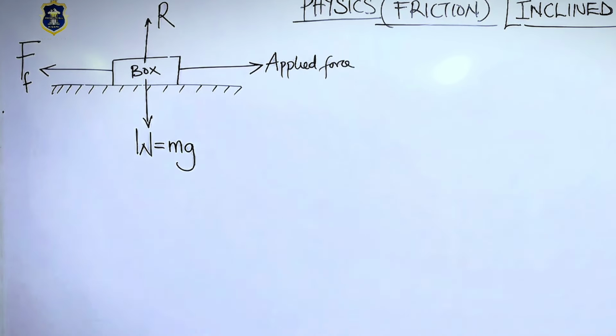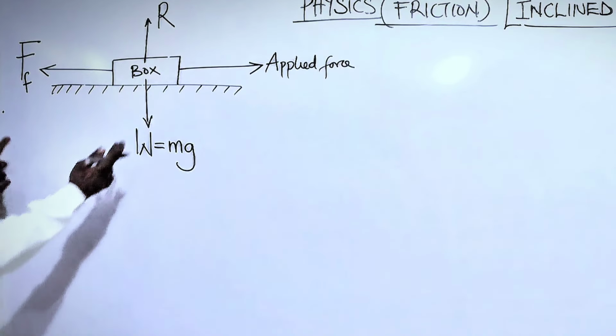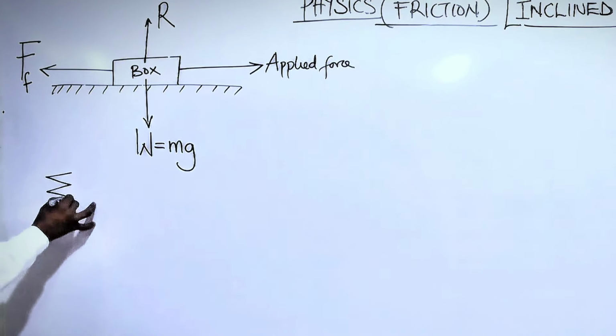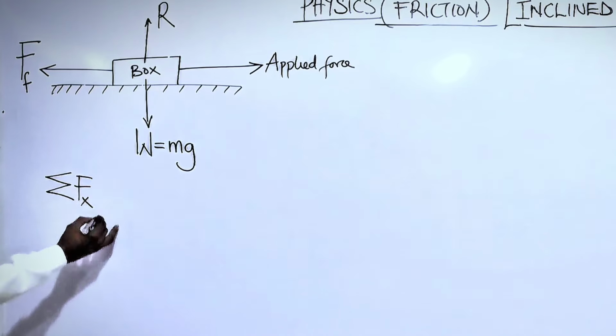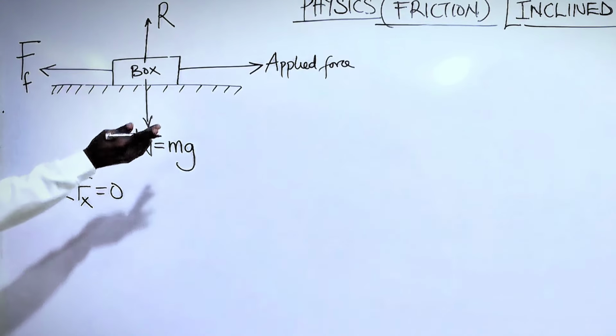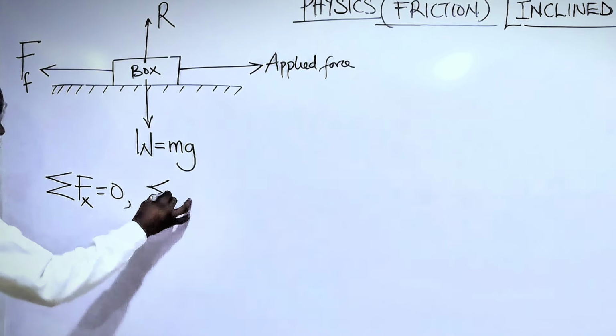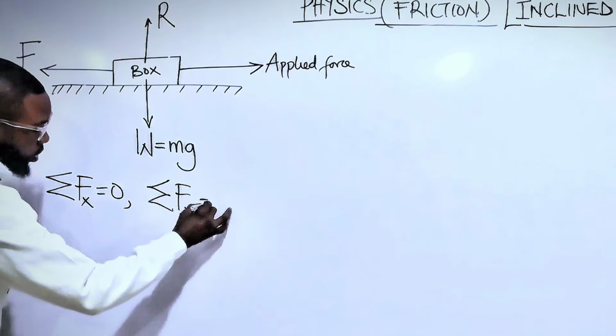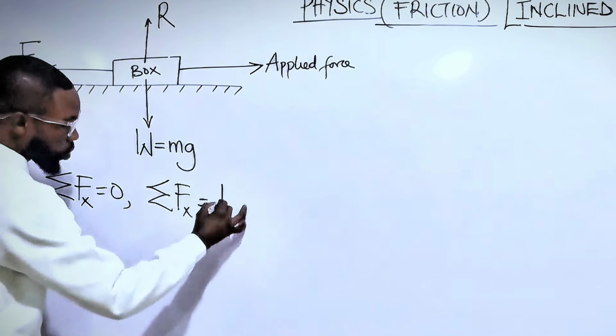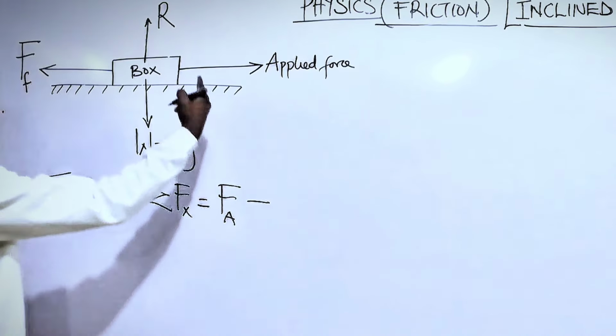And then we said two things. If we take the resolution of forces for the x direction, although we know that the sum of forces in S is equal to 0, if we resolve, the sum of forces in X is equal to this applied force, let's call it FA, minus this force.